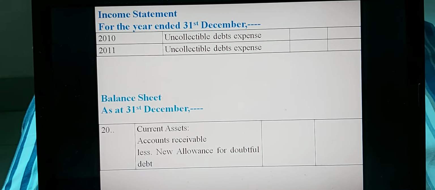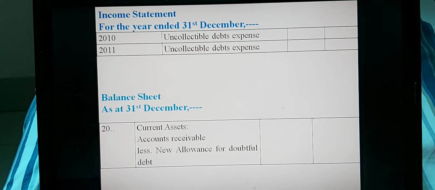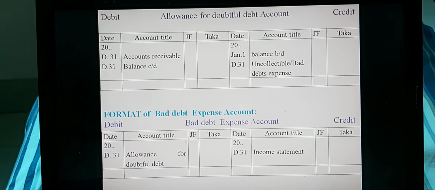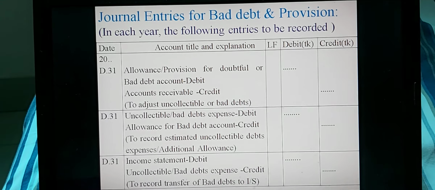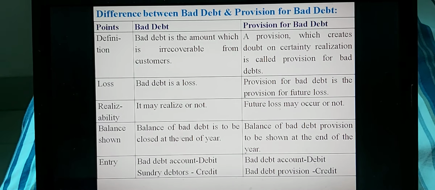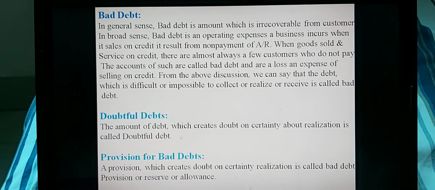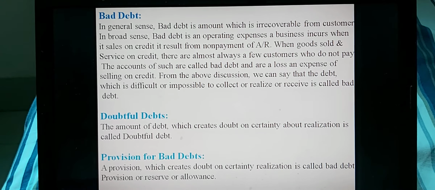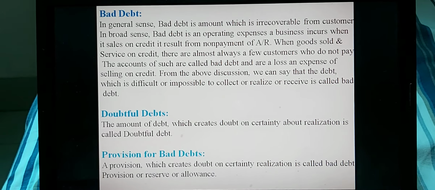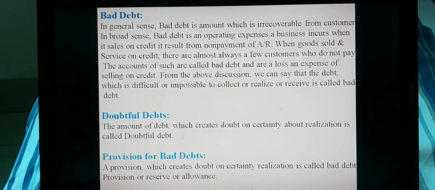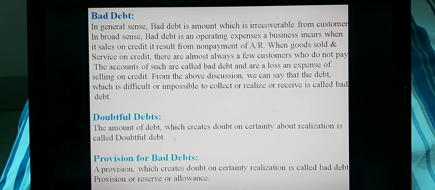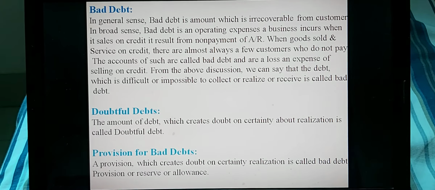Dear students, I think you have written in your accounting copy the different types of items and requirements for this chapter. Again, I have gone through bad debt, doubtful debt and provision for bad debt. I repeat, in a general sense, bad debt is an amount which is irrecoverable from a customer.